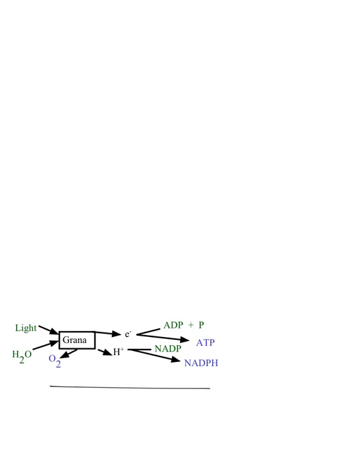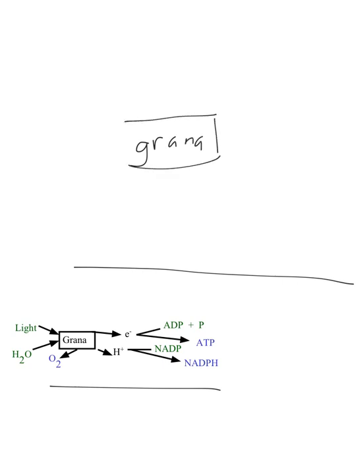So, start from scratch. You know that it happens in the grana. You know that you're going to need water, and you know you're going to need light energy to break apart that water.